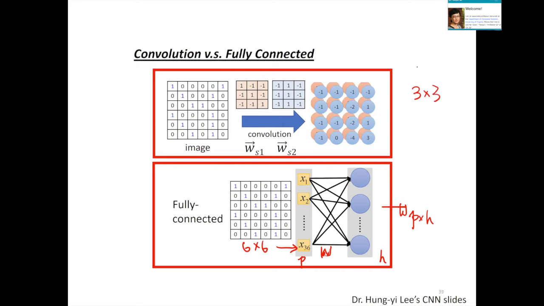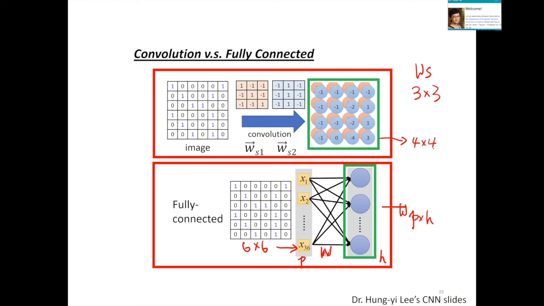The upper convolution is actually generating a much bigger output, almost the same size as your original image. In this case, you are generating a 4x4 feature map, because your original image is 6, your kernel size is 3, and you can apply this size-3 window 4 times, which gives you a 4x4 feature map output for each filter.